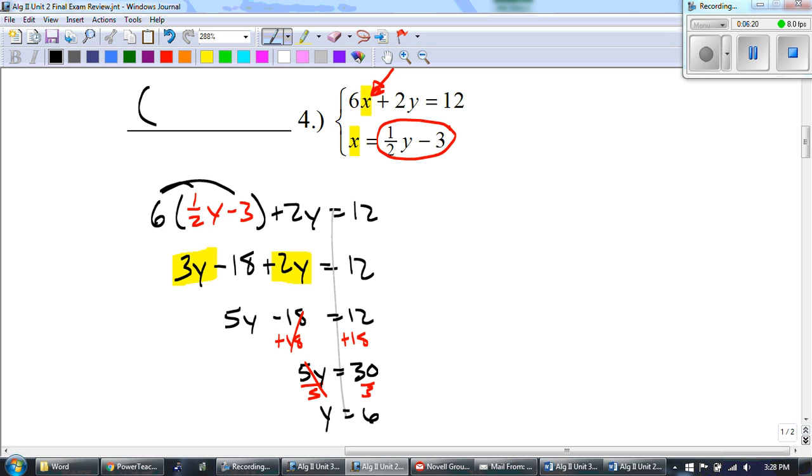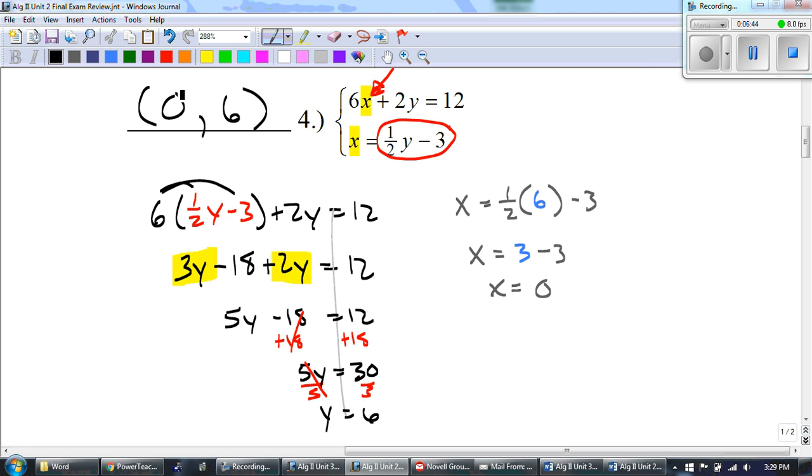Okay, so in our point, I know that y equals 6. So to figure out what x is, I'm just going to plug it in. Half of 6 is 3, and 3 minus 3 is 0. So we get 0, 6 is our final answer.